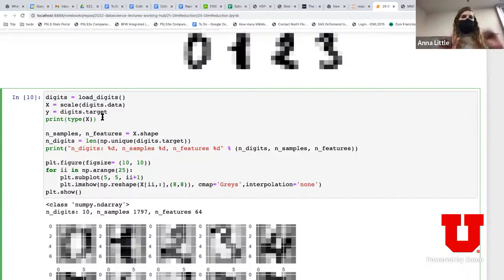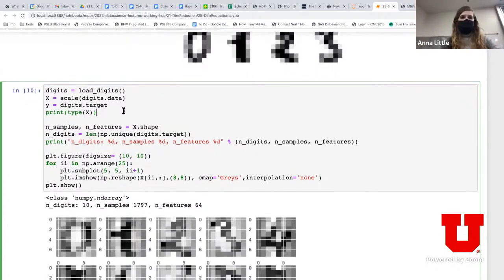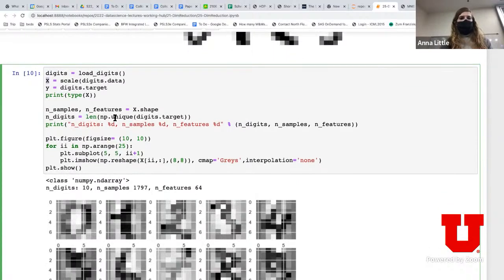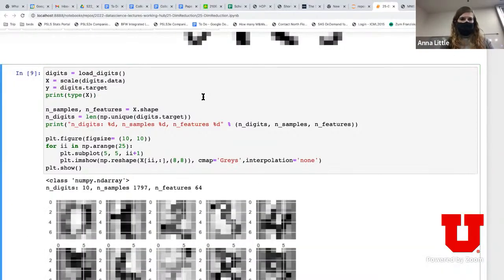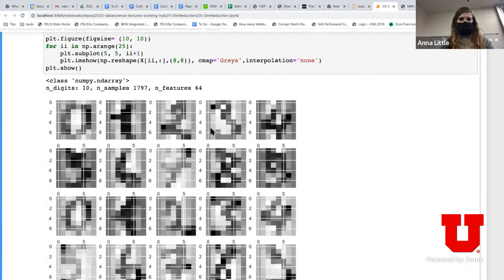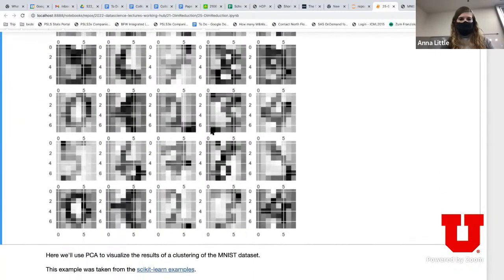But anyway, let's scale it and we can try it without scaling for comparison if we like. Okay, so we're going to load the digits. We're going to scale the data. X is going to be our features, Y is going to be our labels. And then with this code, we're just printing some of these so we can take a look at what the data looks like.